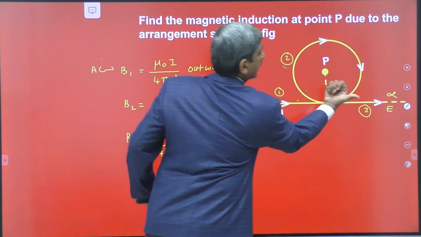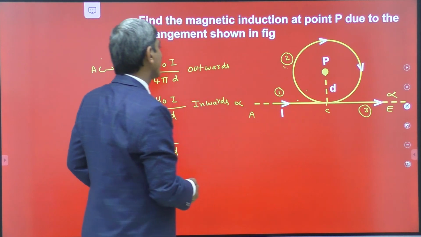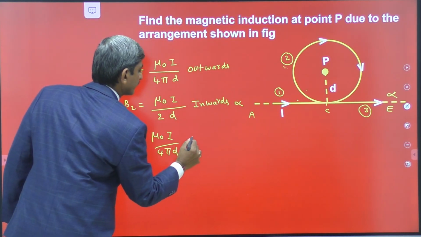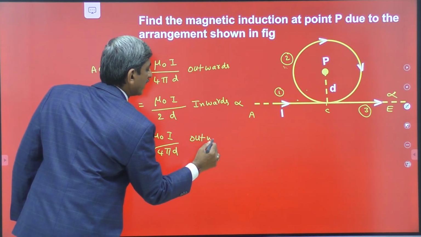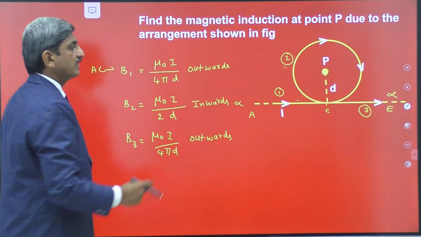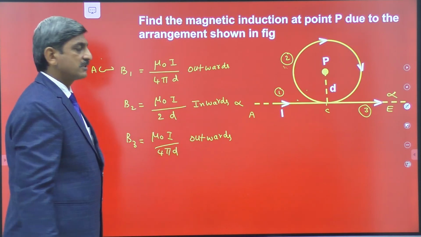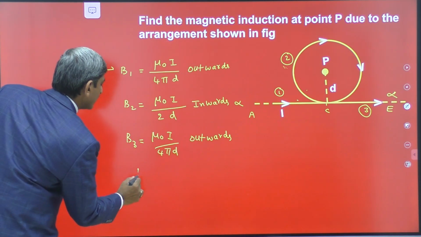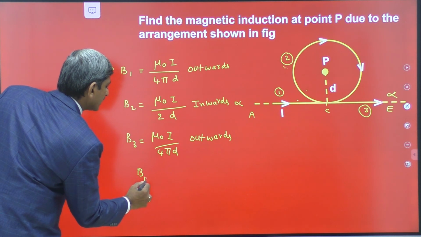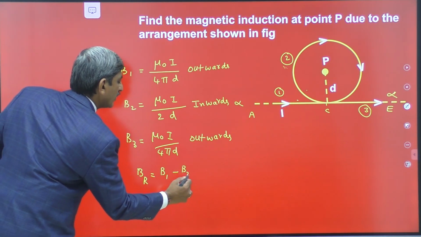Here also by opening the thumb finger in the direction of the current, the curling fingers come outwards, that's why it also acts outwards. So in these three, two act outwards, one acts inwards, so the resultant magnetic field is given by B resultant is equal to B1 minus B2 plus B3.